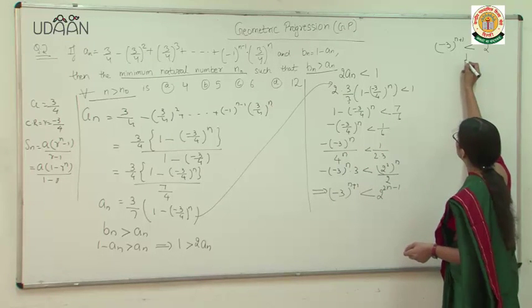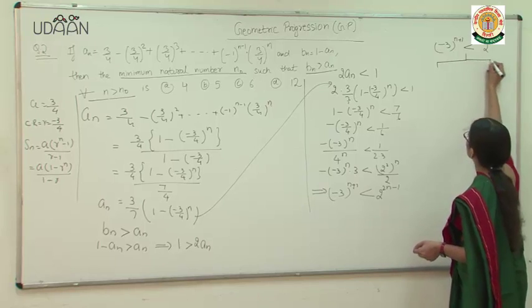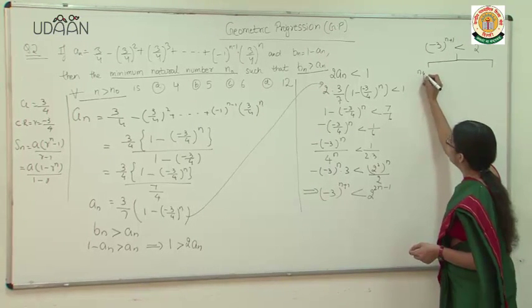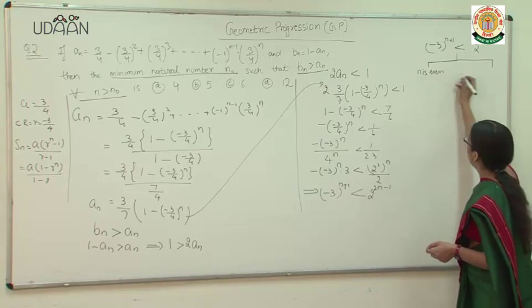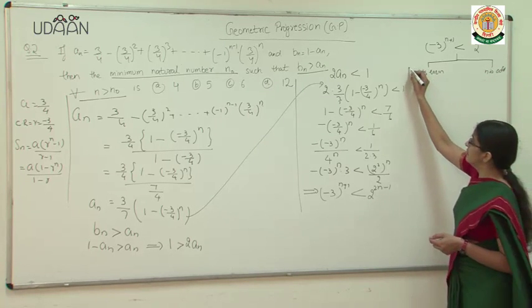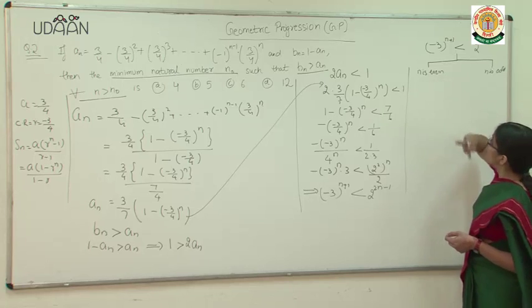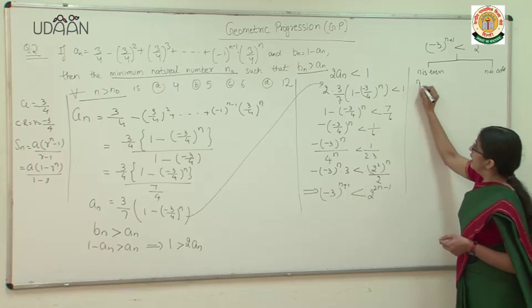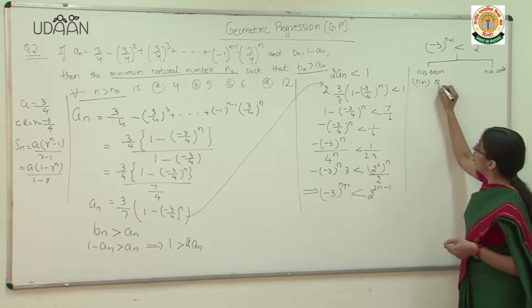Now we have two possibilities: either n is even or n is odd. Let's discuss the even case first. If n is even, n plus 1 will be an odd number.